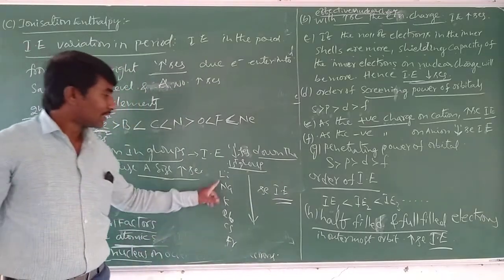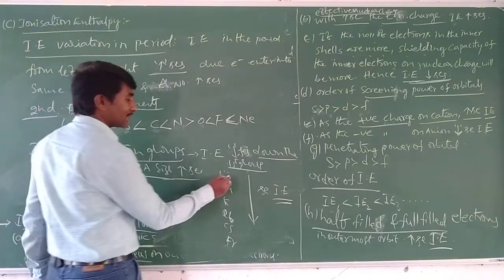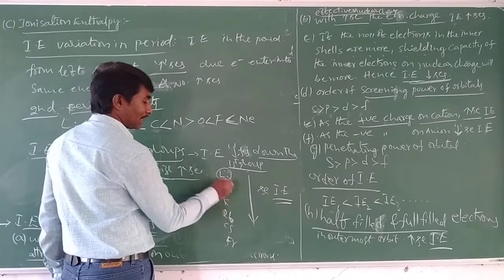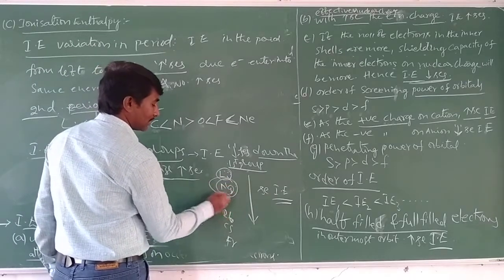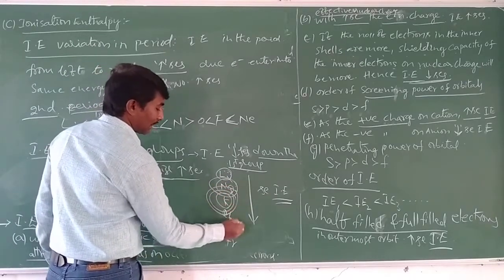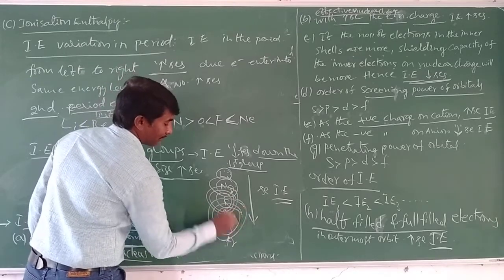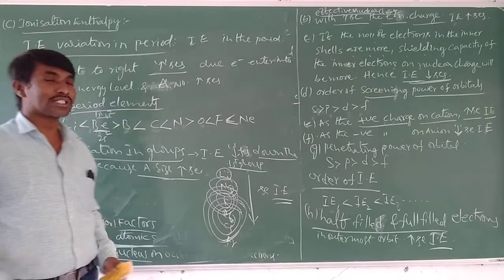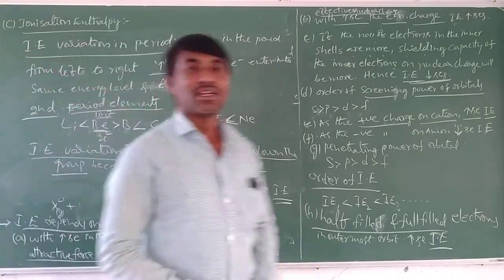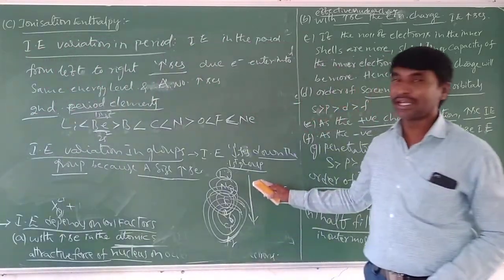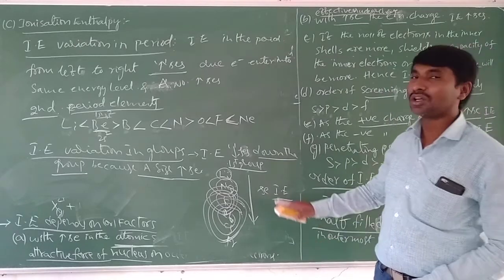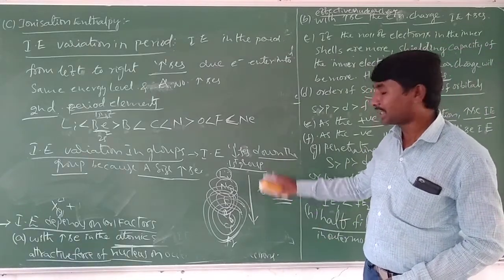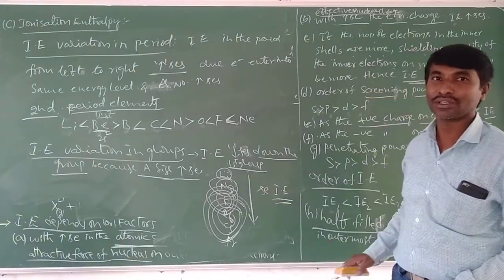Why? Because the size increases. This is the second period, this is the third period, this is the fourth period, and like this, the fifth period, the sixth period. So automatically size increases, and ionization enthalpy decreases in a group.